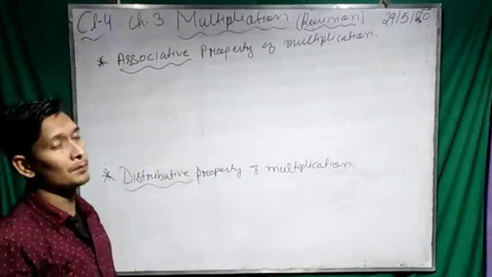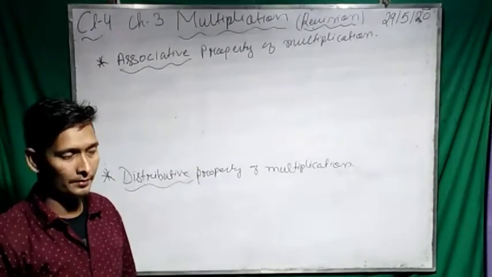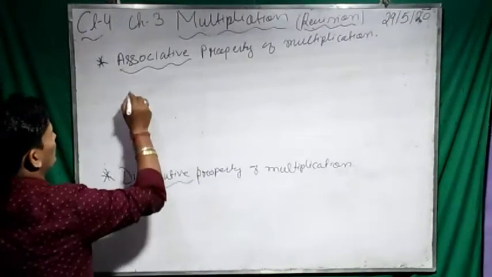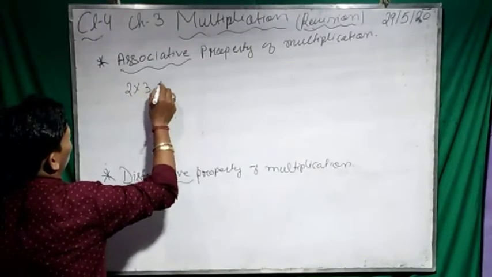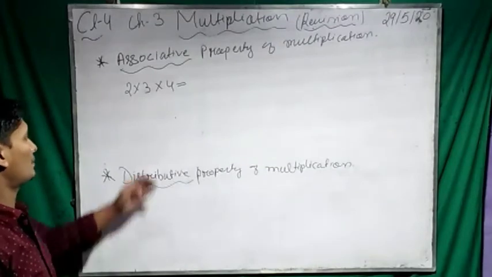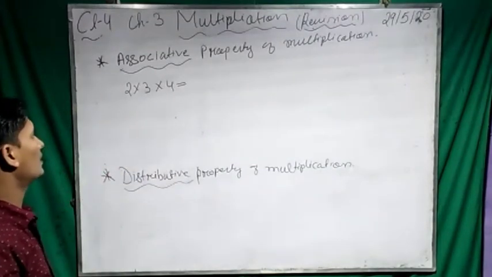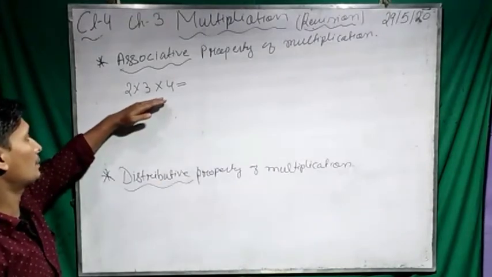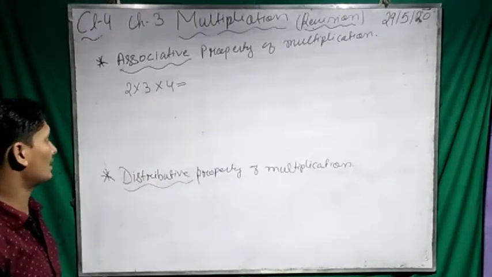So what do we mean by associative property? If we are multiplying 3 numbers, suppose 2 multiplied by 3 multiplied by 4. If you are multiplying these 3 numbers, how will we multiply? Here the associative property is applicable. What can we do?